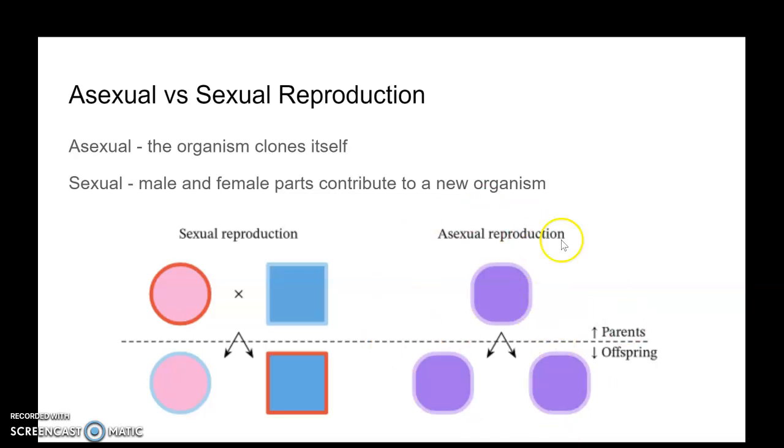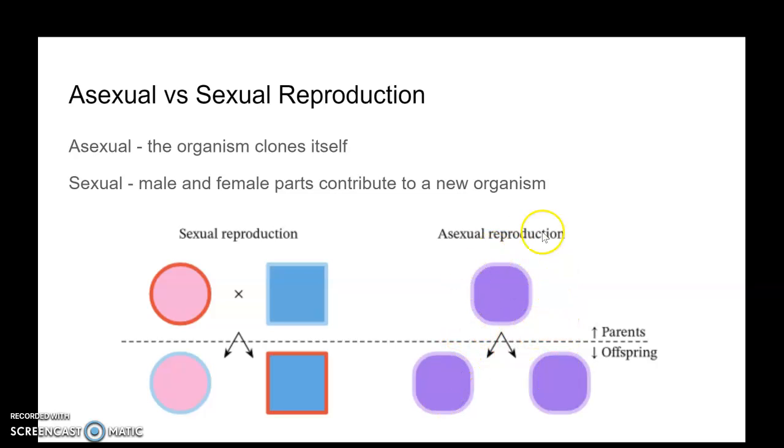So in asexual reproduction, to the right half, the parent, this purple squarish blob, let's say it's just an abstract representation of a plant that reproduces asexually. It will produce offspring that is exactly identical to it because it's not mixing its genes with any other parent. So it's just one thing to another.